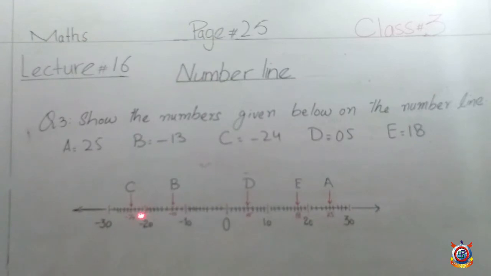Then minus 21, minus 22, minus 23 and minus 24. Point C is on minus 24. Students, I hope you will follow the board and you will draw the number line neatly in your neat notebook. This is your homework. You will write this question in your neat notebook.